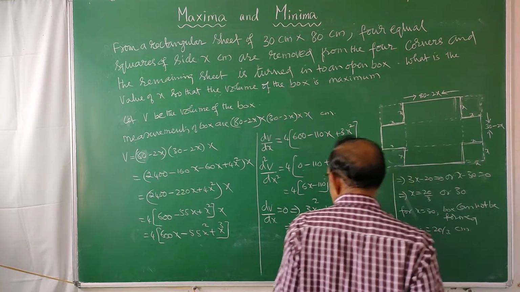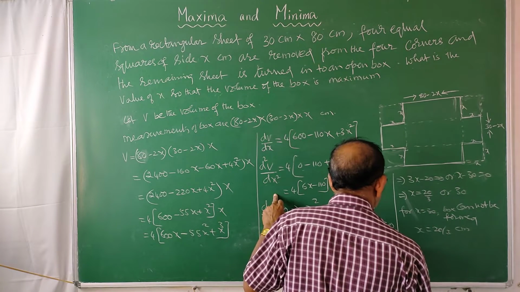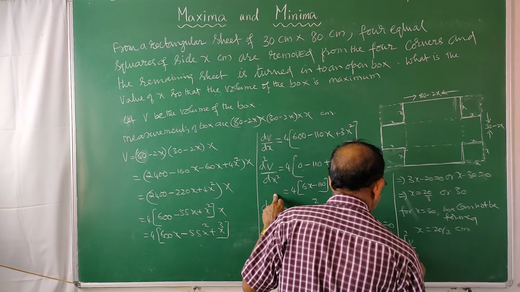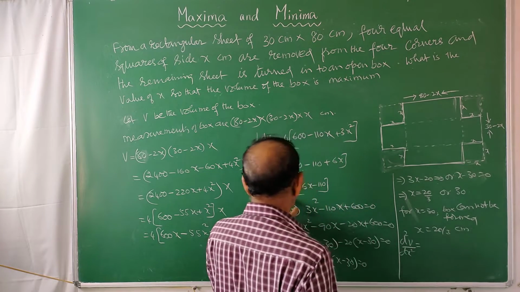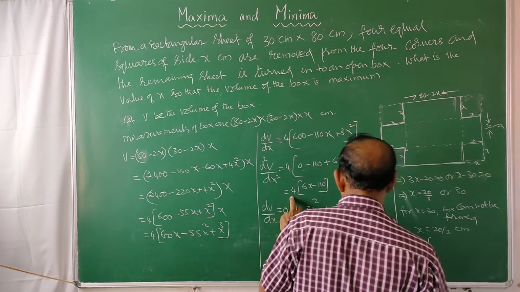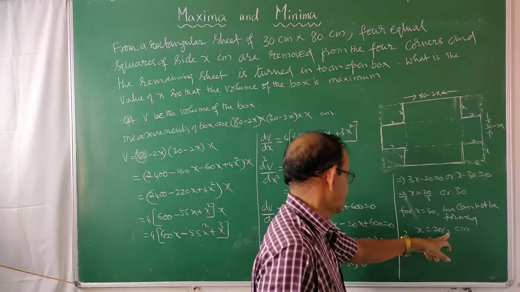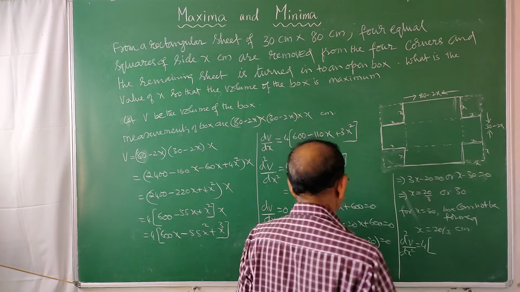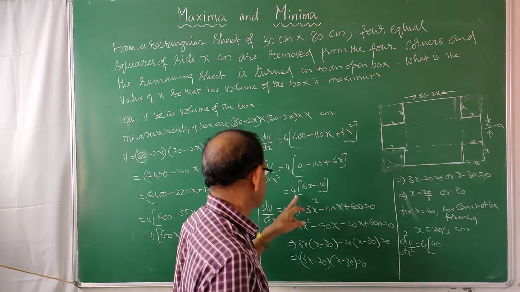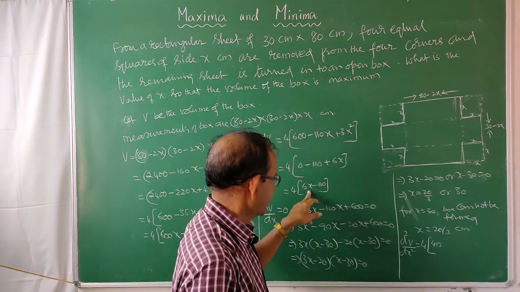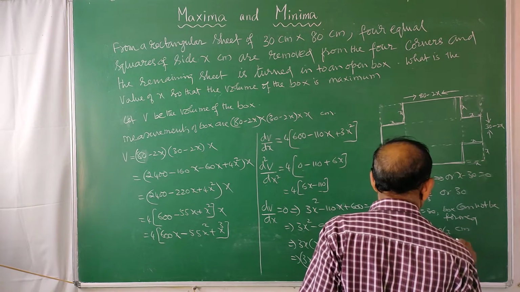X is equal to 20 by 3 centimeters. Then what is the second derivative when x is 20 by 3? d square V by dx square is equal to 4 into (6x minus 110). 3x is equal to 20, so 6x is 40. 6 into 20 by 3 minus 110 is negative.